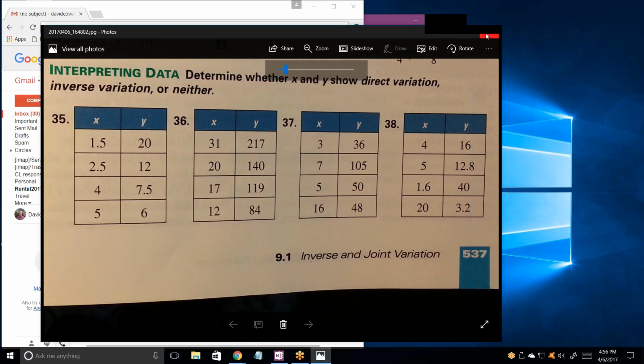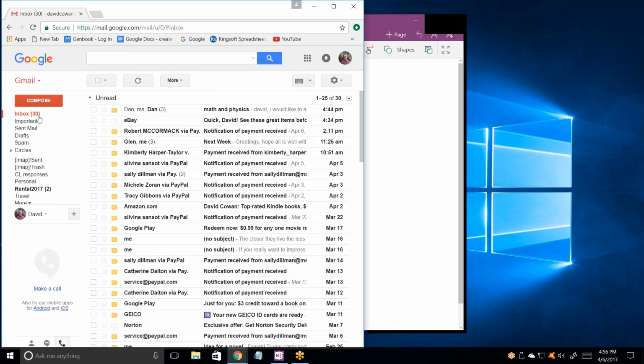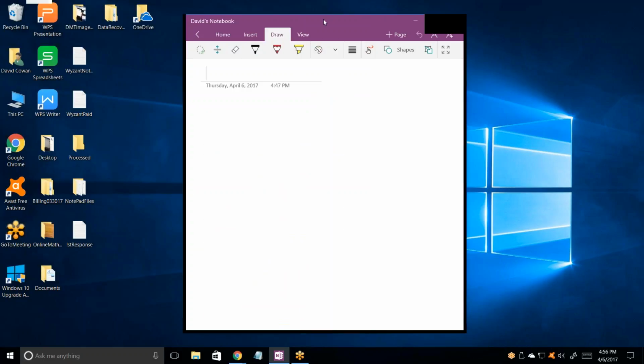All right, let me get rid of that. I don't need that page anymore. What else do we have on this next page? Sorry, I keep losing my place.